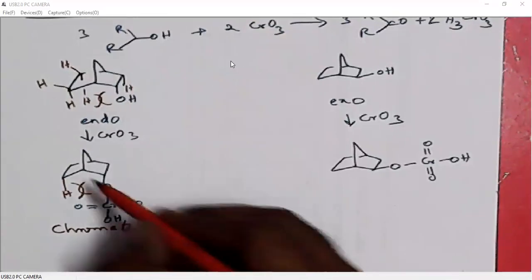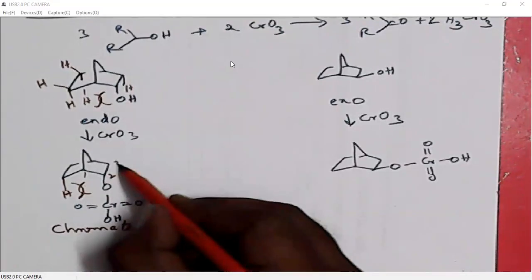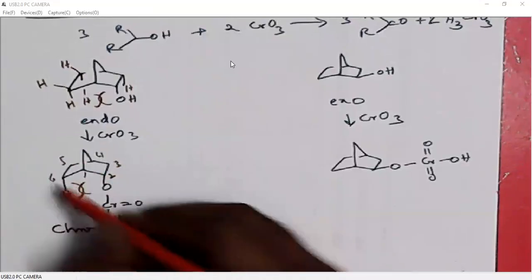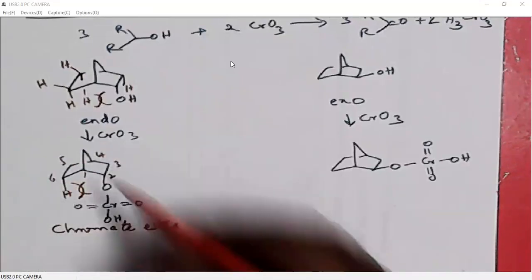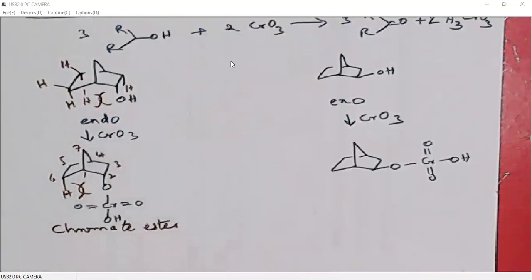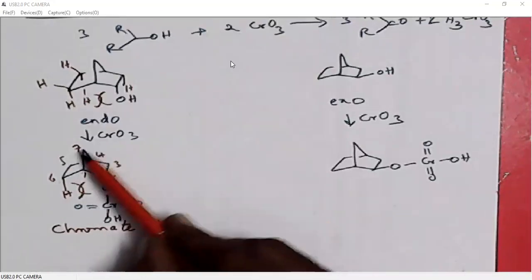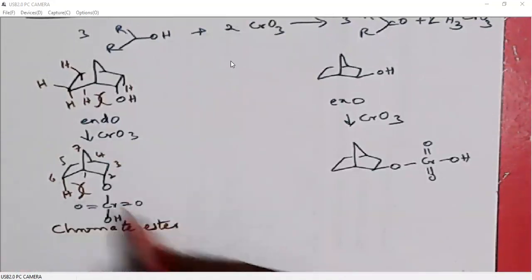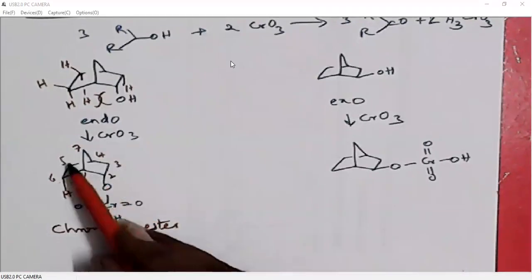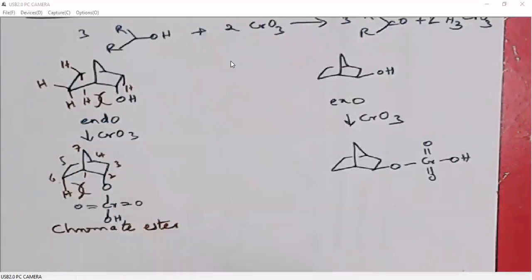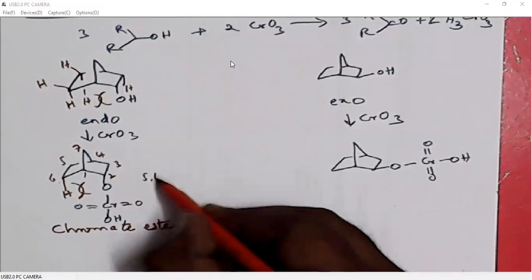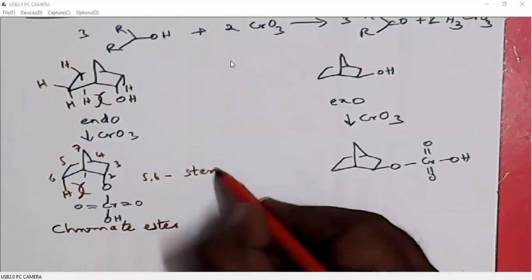When we look at the numbering, these compounds are numbered like this: we start from the bridgehead, 1, 2, 3, 4, 5, 6, and whatever the bridge is, that will be the seventh carbon. So here we have 2,6 or 2,3 or 2,5 steric hindrance, this 5,6 steric hindrance.